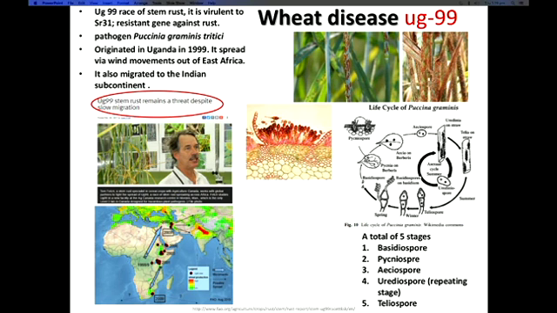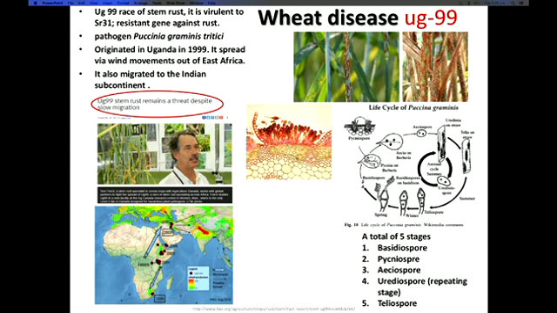So this resistance was no longer working in the Ugandan isolate. That's why a huge amount of loss appeared in Uganda. If you take a look at the map below, in the middle is Uganda, and see the migration of the disease from one part to another part of the African continent. It migrated to the Mediterranean region and also to the Asian subcontinent in 10 to 15 years' time.